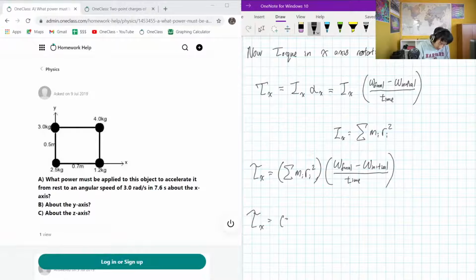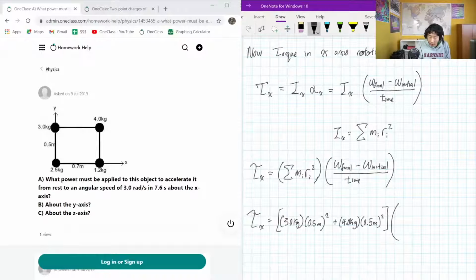The 3 kilogram is 0.5 meters away, meters squared, plus we have the 4 kilogram over there, which is also 0.5 meters squared away.